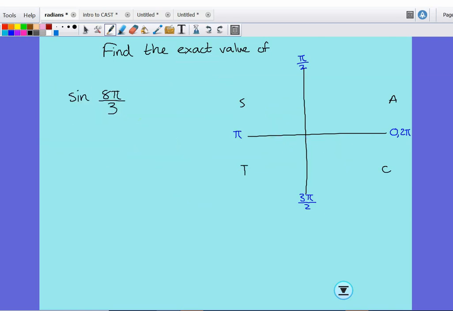Okay, so I do have just one more. This one's good because it's over a whole one. So we've actually gone all the way around because that would be 6 pi over 3. So this is actually 2 2/3. So we've ended up in here.